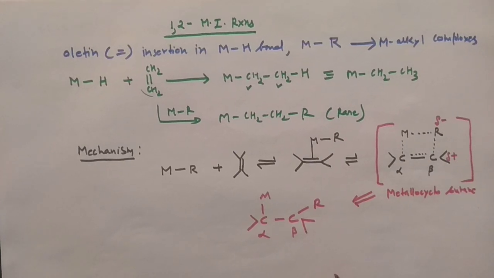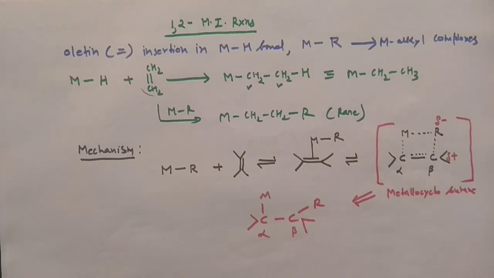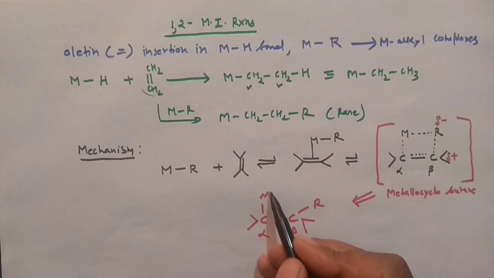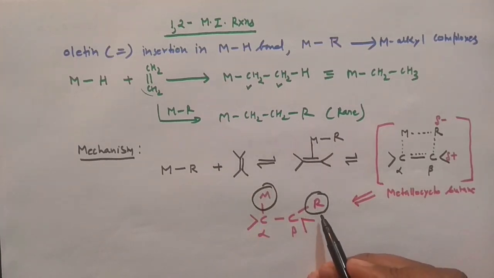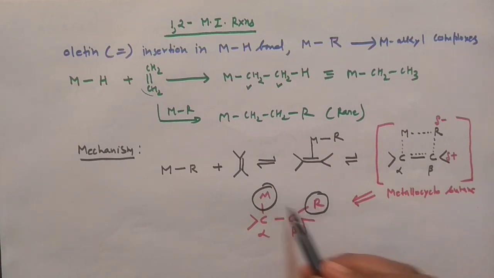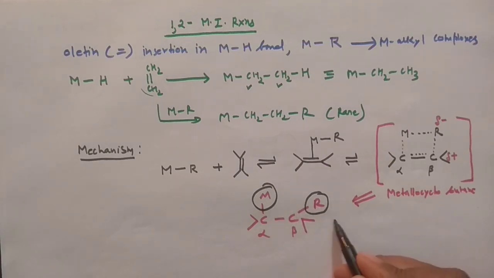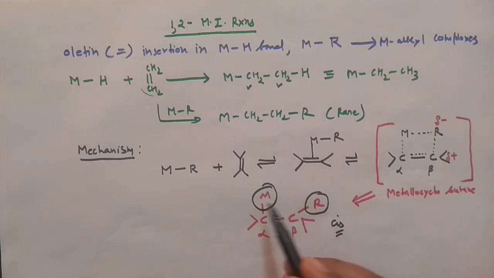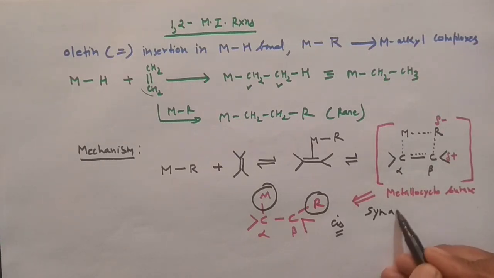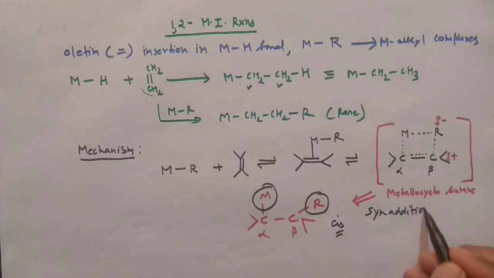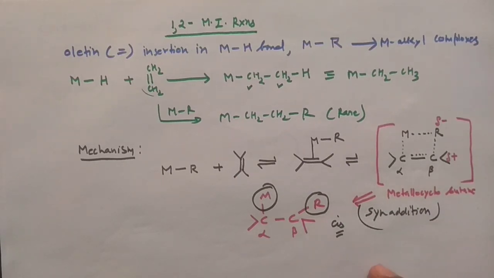The important feature you observe here is that the metal as well as this group R are on the same side of the carbon skeleton. So it is a cis product when you consider the chemistry of M and R. So it is actually syn addition. This is something very important.